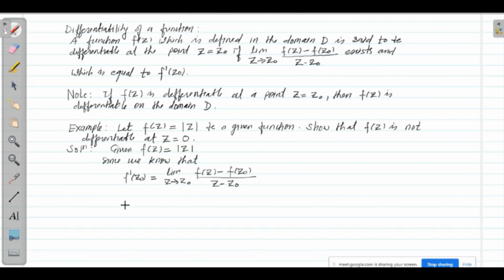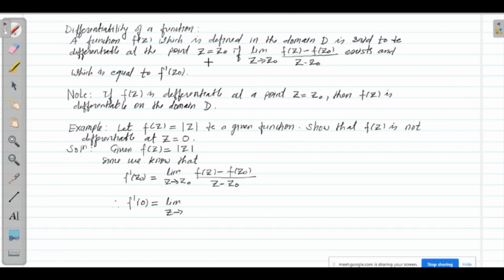So therefore f dash of 0 equals limit z tending to 0. Here, what is your definition at z equal to z naught? But z naught is 0, no?